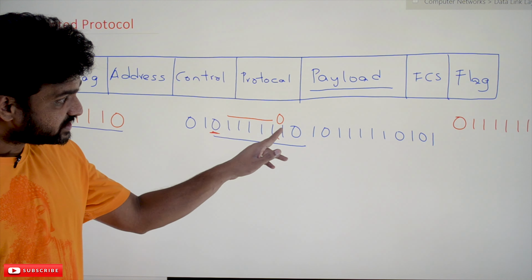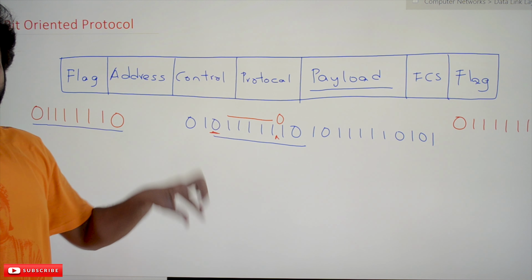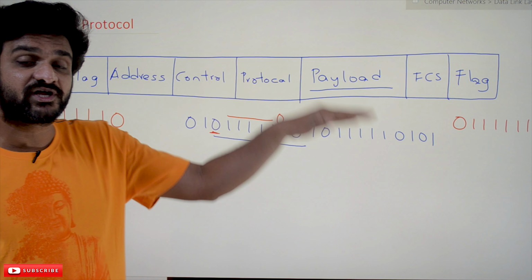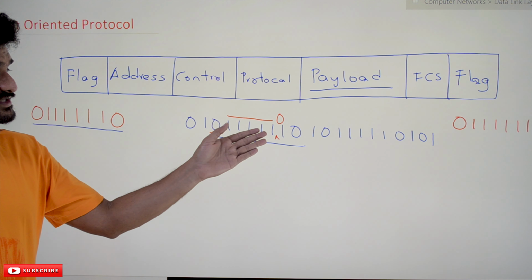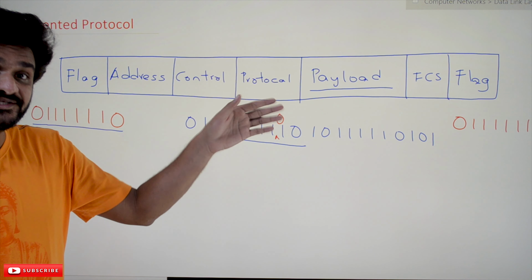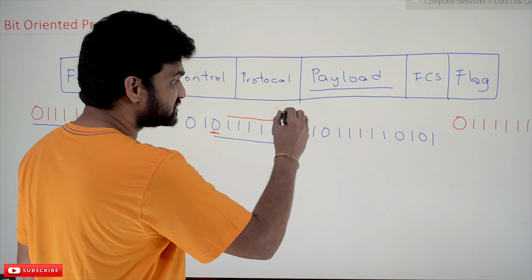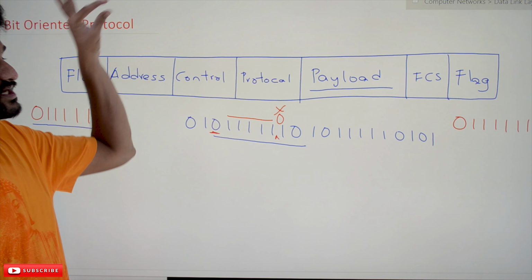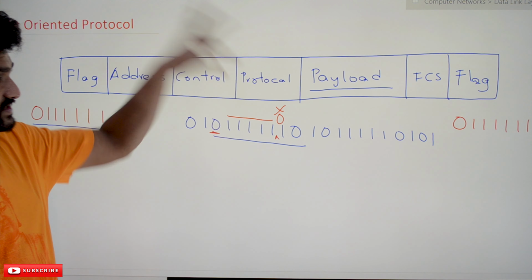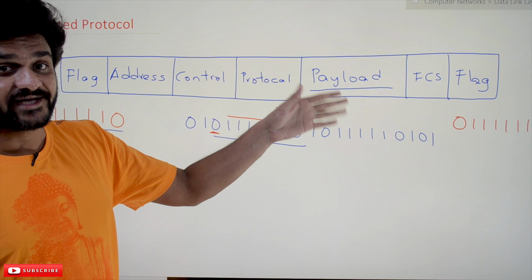Even though that 6th bit may be 1 or 0, we have to stuff an extra 0. At the receiver, whenever it identifies 5 consecutive ones, and after that it identifies a 0, it means that this is an extra bit that was stuffed at the sender, so that extra bit will get removed, and it is going to consider the next bits.